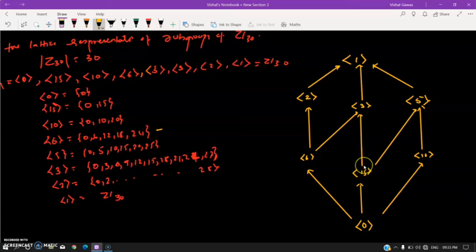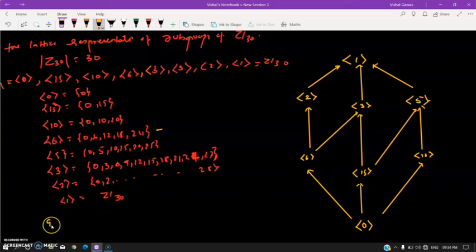This is a lattice. We can make out that 10 is a subgroup of 5, 5 is a subgroup of 1, 6 is a subgroup of 3. Like that, right? It's a nice thing.